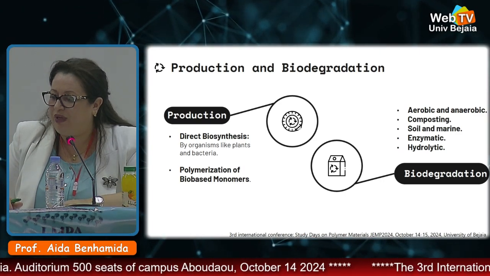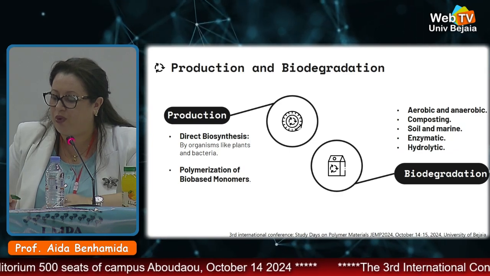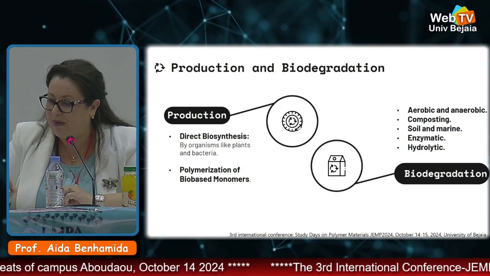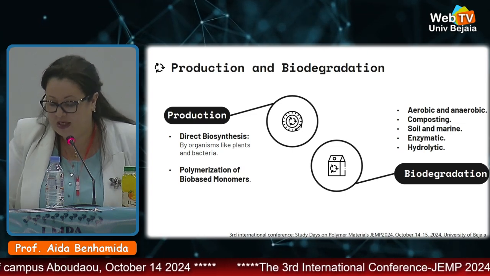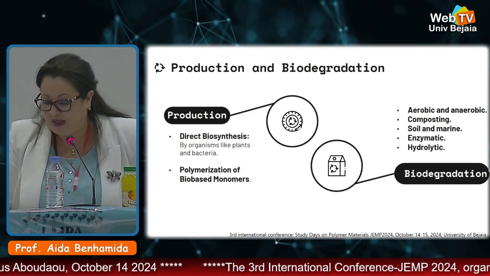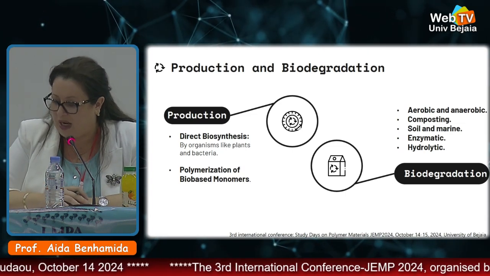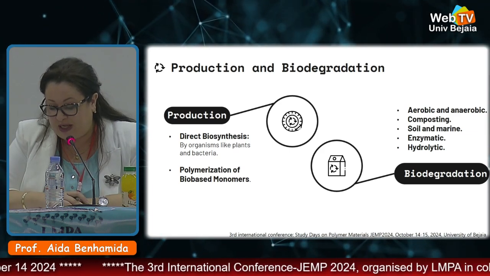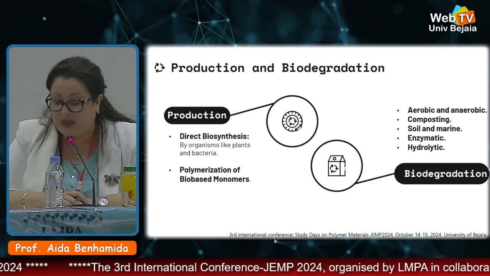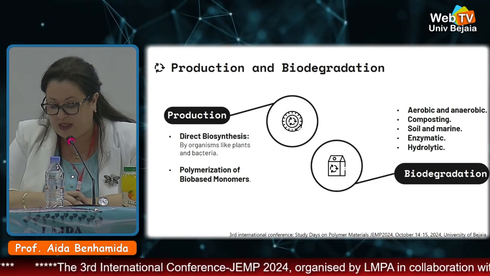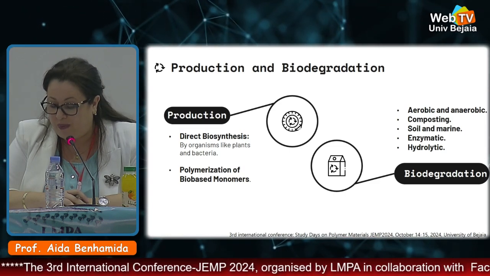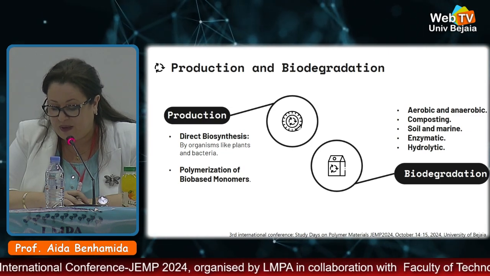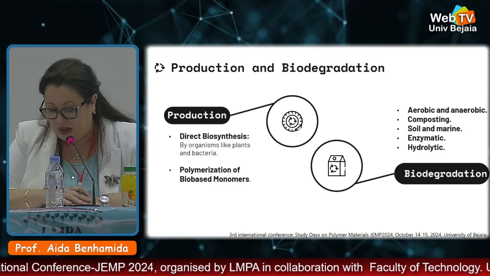In this slide, we are moving to talk about how to produce biodegradable polymers. The production can be executed through many processes. We mention here the most important ones, which are direct biosynthesis, which is made by microorganisms like bacteria, which is the case for polyhydroxyalkanoate, or by plants producing cellulose and starch, or algae producing alginate.